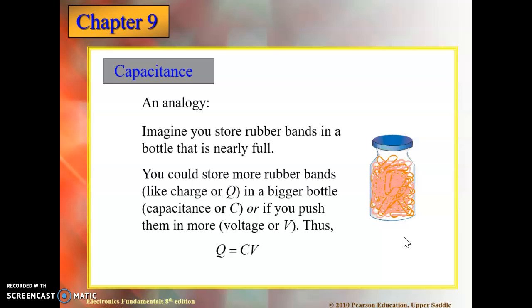Thus, charge equals capacitance times voltage. So there are two ways you can increase the charge: push them together, or have a bigger bottle. If you have a high voltage source connected to the capacitor plates, then you are going to stock more charges into the same capacitor.